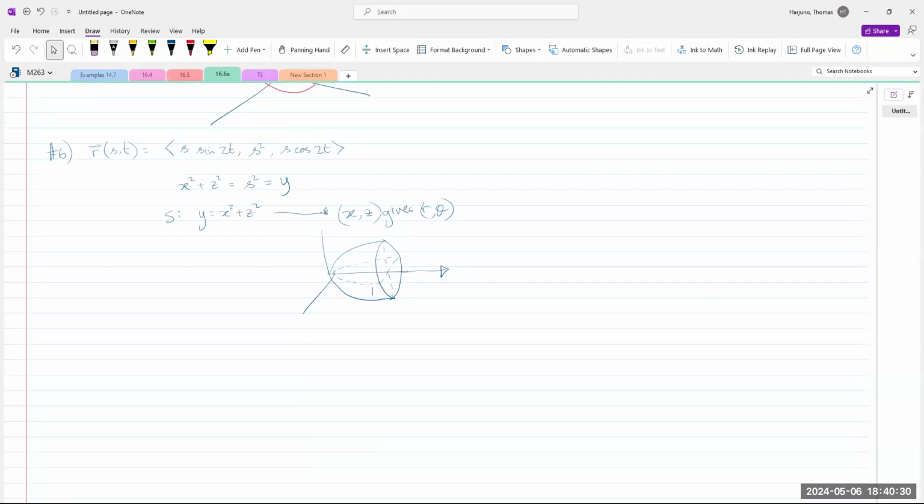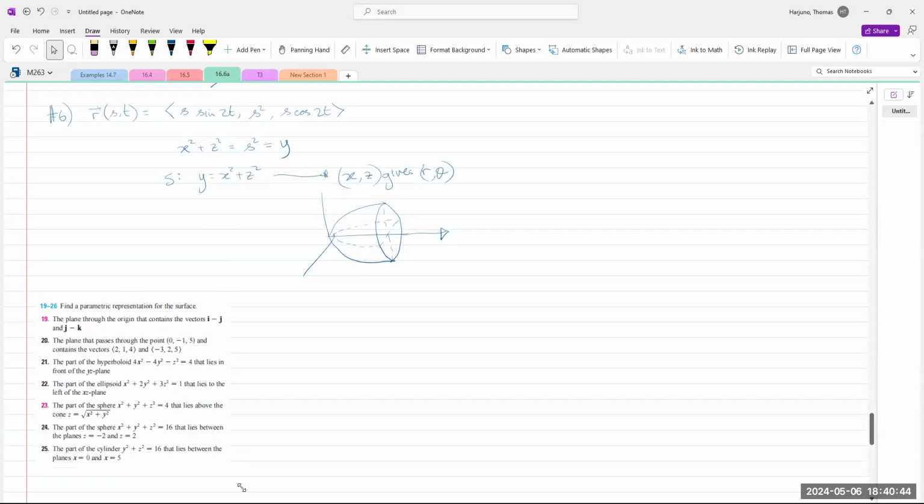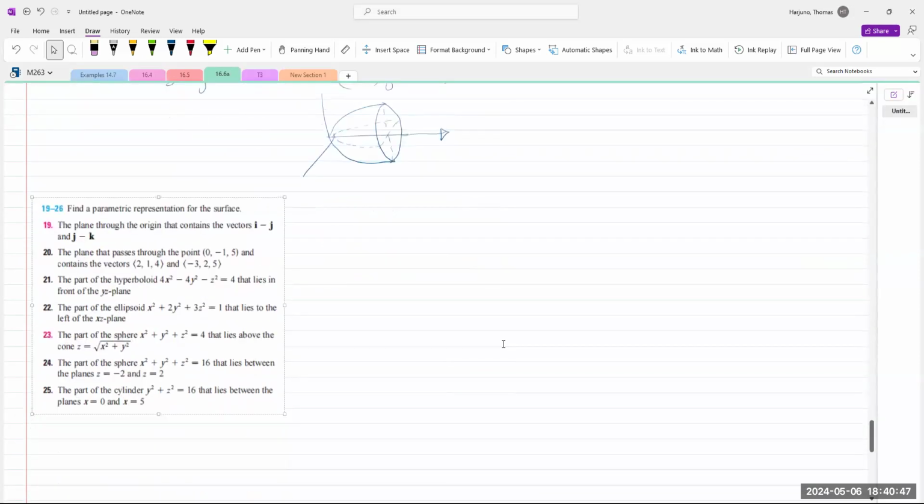Let's see more. Find the parametric representation for that surface. Number 20, the easiest one. That's just the plane, right? Number 20.